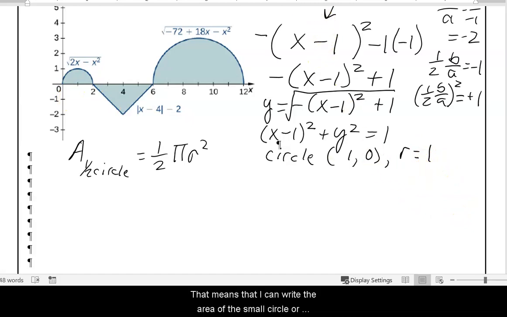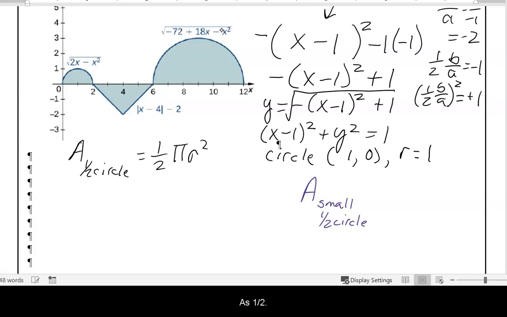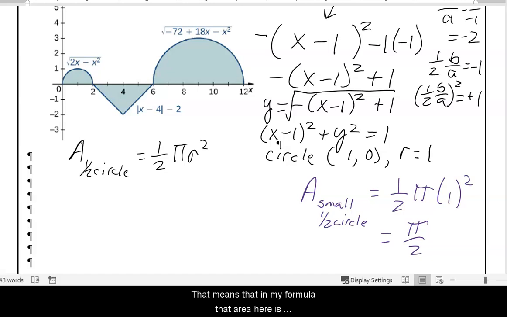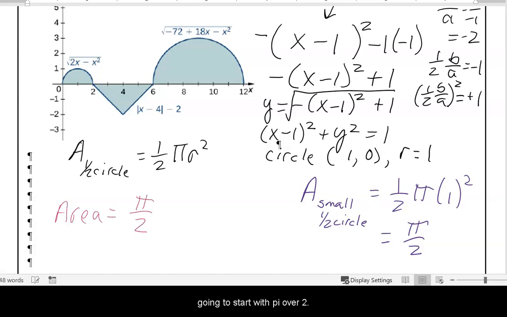That means that I can write the area of the small half circle as 1/2 of pi times 1 squared. That will just give me pi divided by 2. That means that in my formula, the area here is going to start with pi over 2.